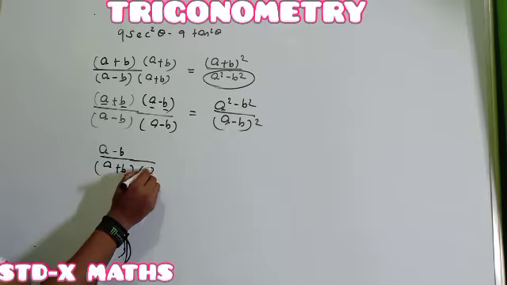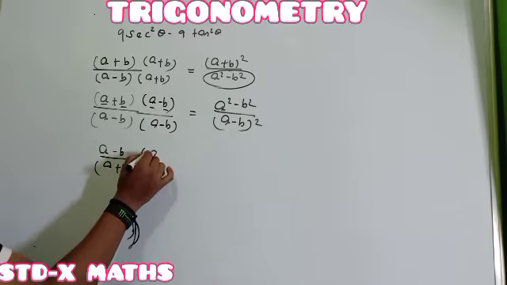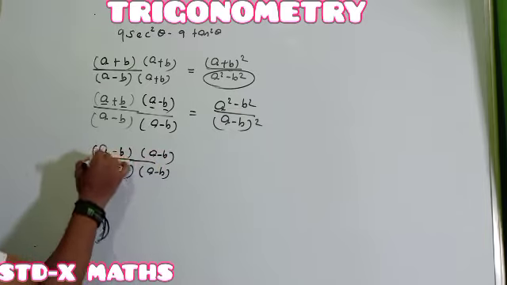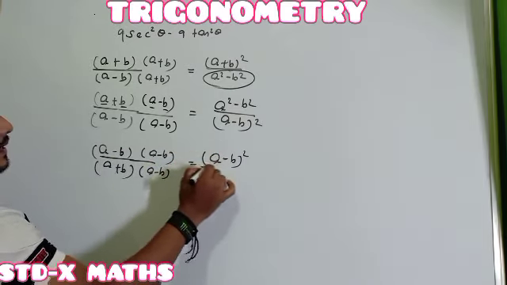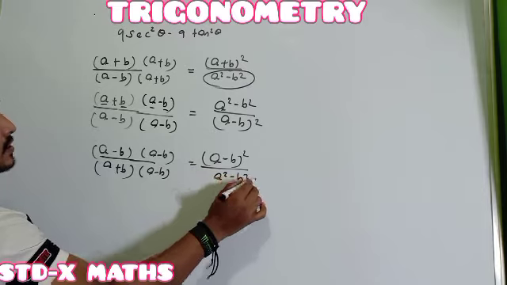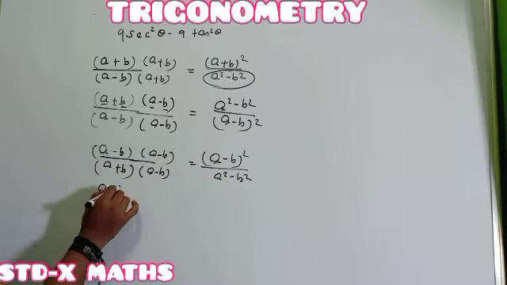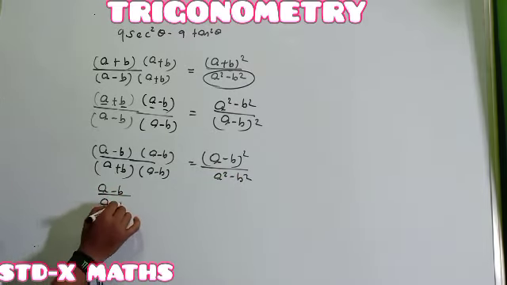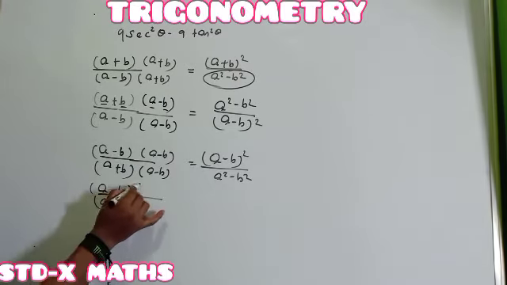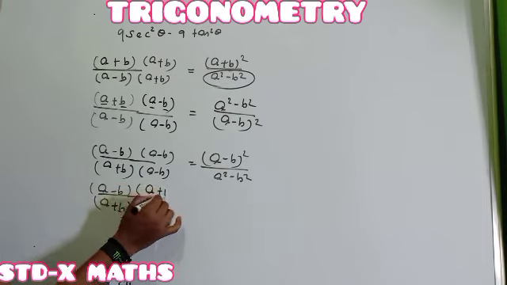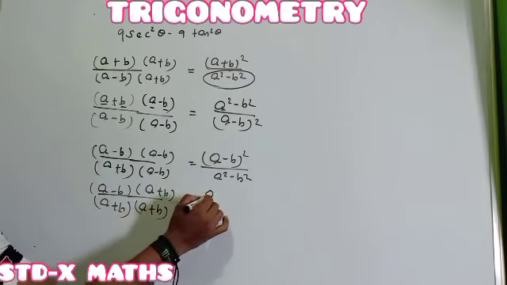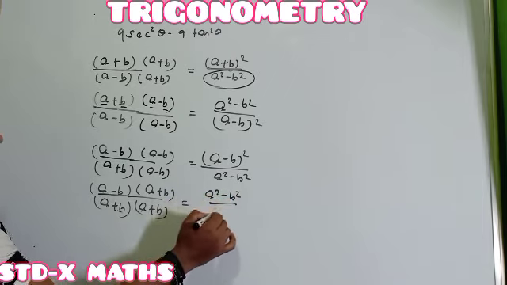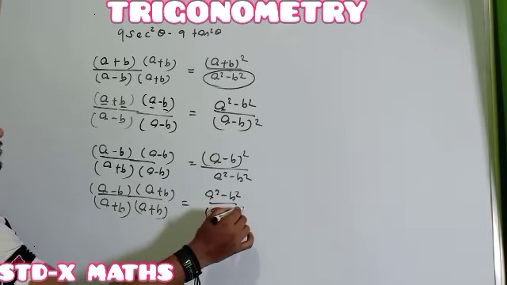Here it is a plus, so minus here, and here it is minus, so multiply by a minus b. It becomes (a minus b) whole square divided by a square minus b square below. And if I want to make the upper one a square minus b square, then a plus b divided by a plus b, which gives us a square minus b square divided by (a plus b) square.